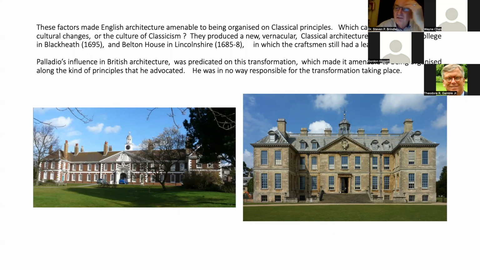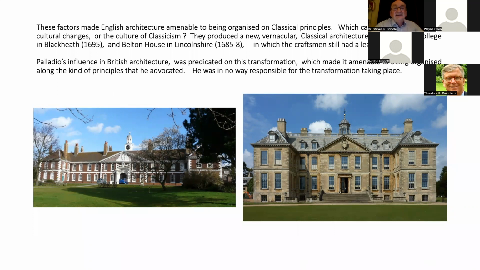But they were reacting with classical influences from a great range of sources, which were as likely at the time to be printed sources from France and the Netherlands by cultural osmosis in England, in which these changes in the culture of architecture were interacting with classical influences.